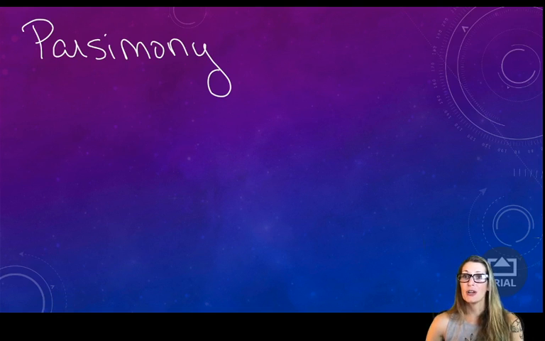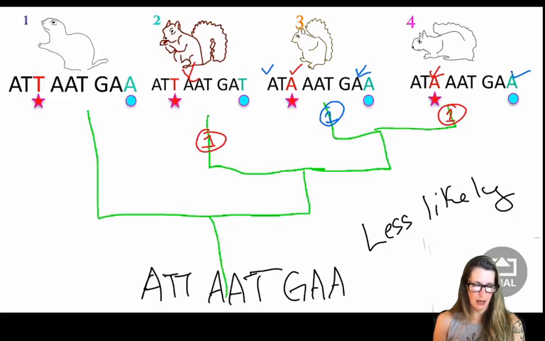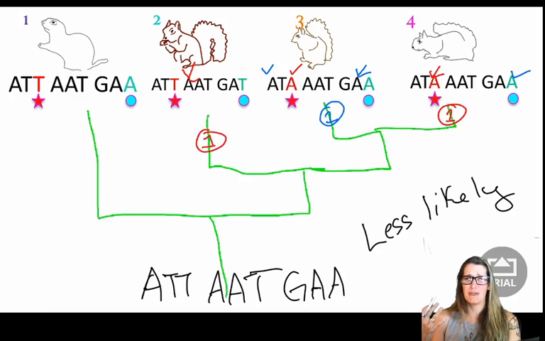Oh, and I forgot to tell you, you might be thinking, well, how do we know that the ground squirrel is the ancestral state? Which I hope you thought, and if you thought that, that's such a great question. Or maybe you were just like, there's too much information, and so you didn't get there. But when you go back and watch again, you probably would. Go ahead and play with this, please.